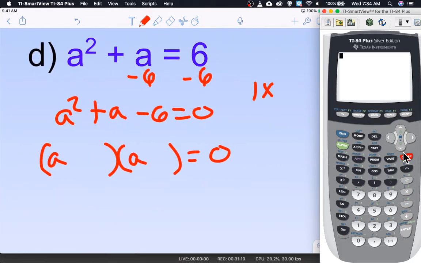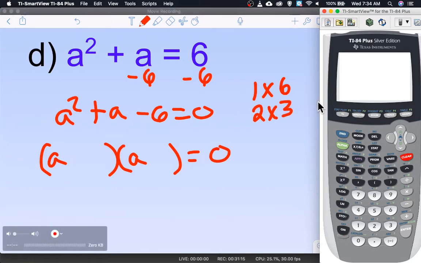Factors of 6 are 1 times 6 and 2 times 3. And in case you don't know, this is a coefficient of 1. There's one a right there. They all multiply to give us 6. Which of these pairs add or subtract to give us 1? It's this one right here.